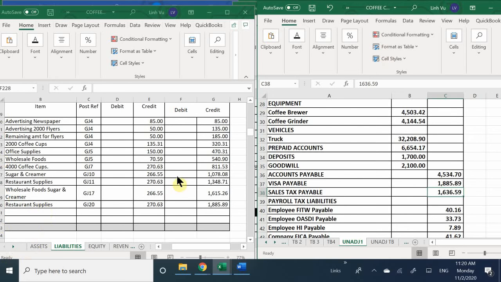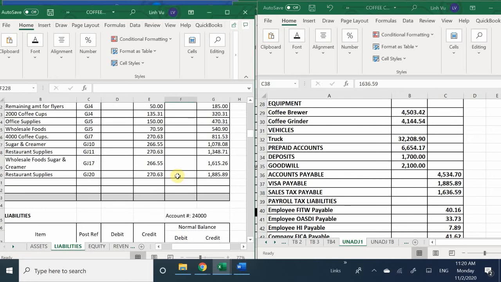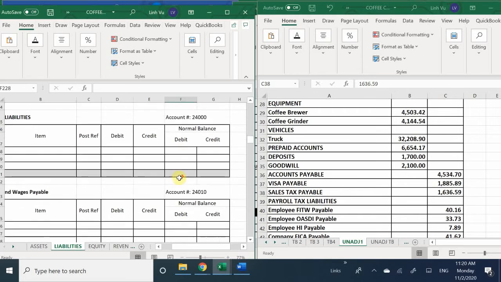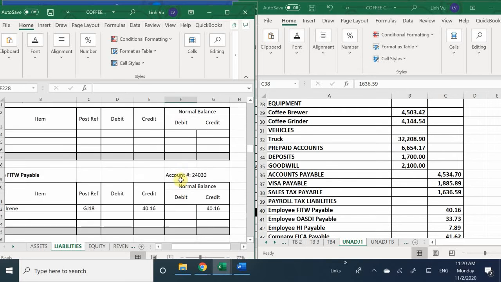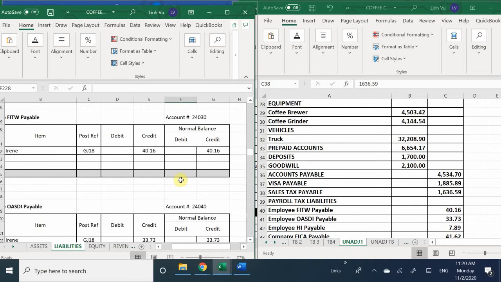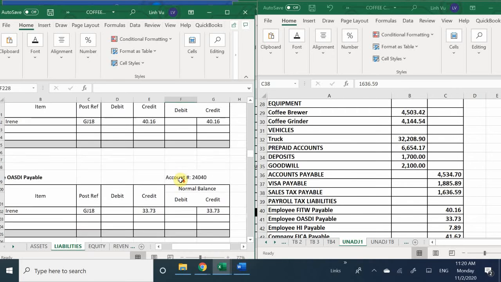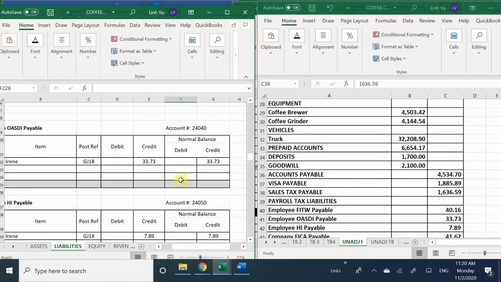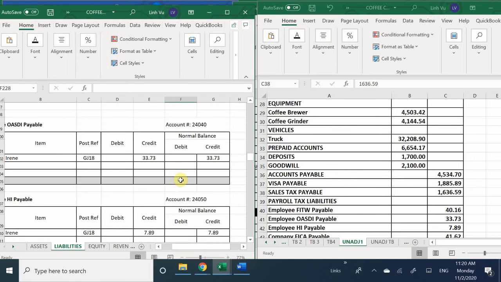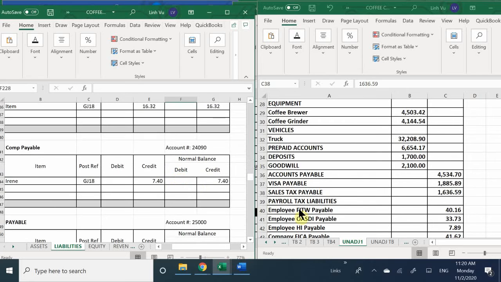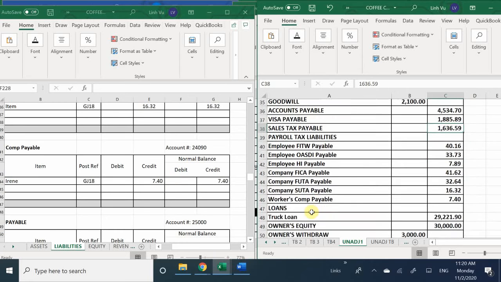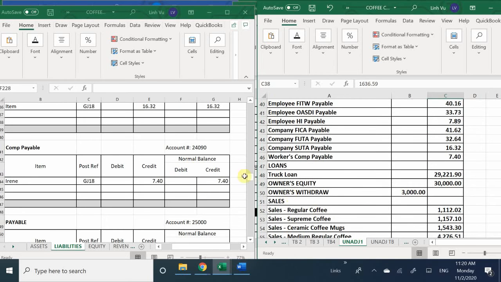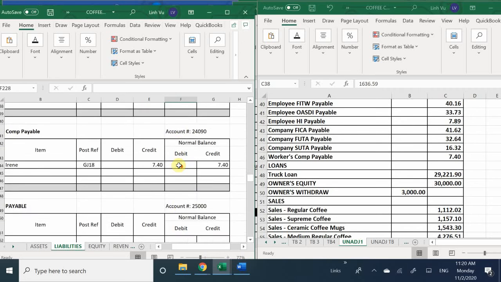What about my payroll tax liabilities? Did any of those change? Nothing's changed here. So all of that should stay the same. Because I only did payroll on the 28th, so all of this should stay all the same. Right? Including my truck loan, should stay the same.